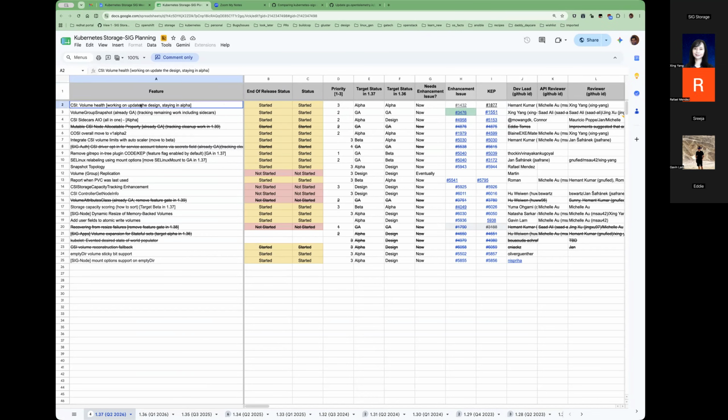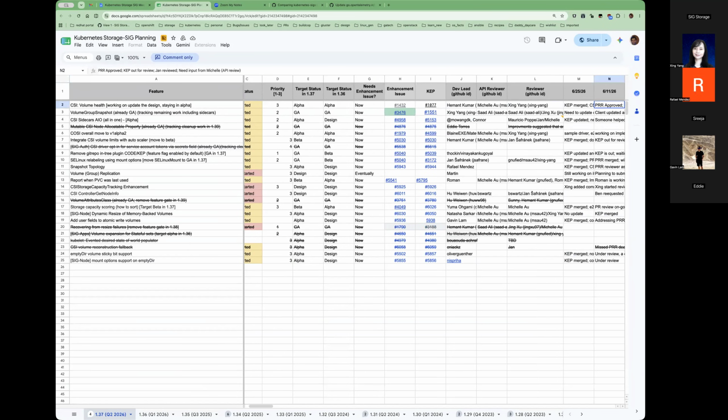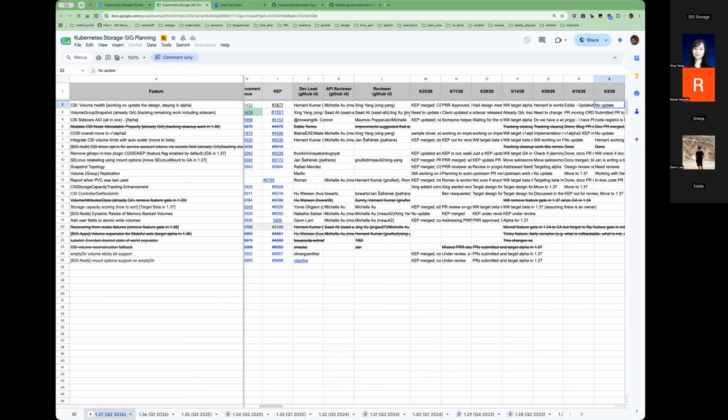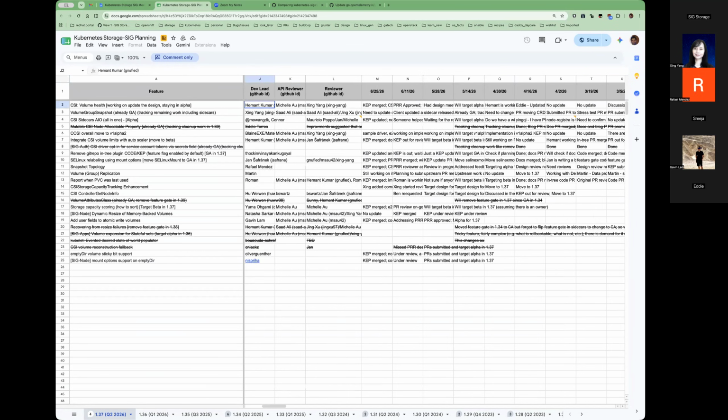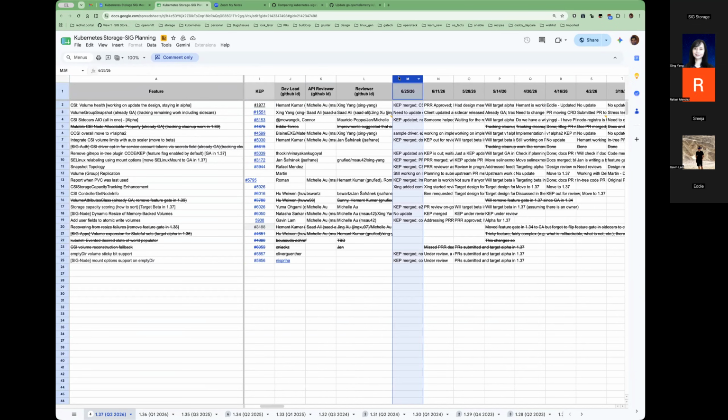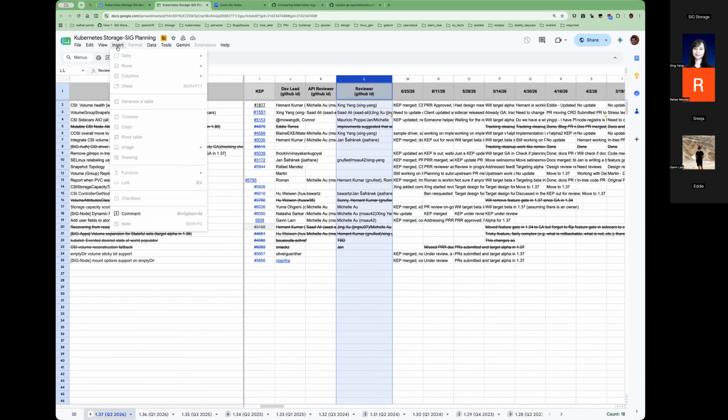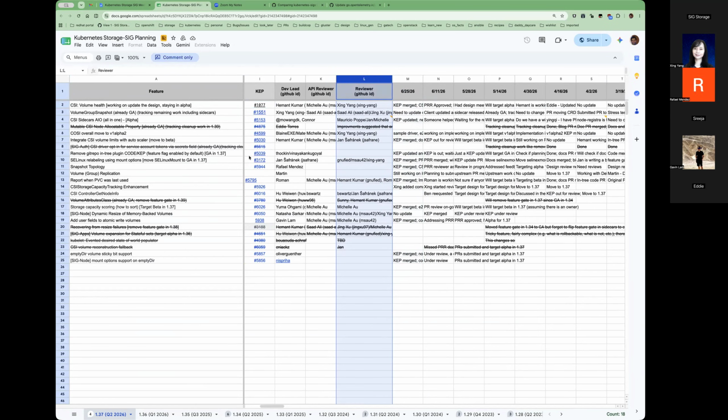It's staying in alpha, and the update I have is, okay, I think I need to add a new one here. Zing, can you add a column?